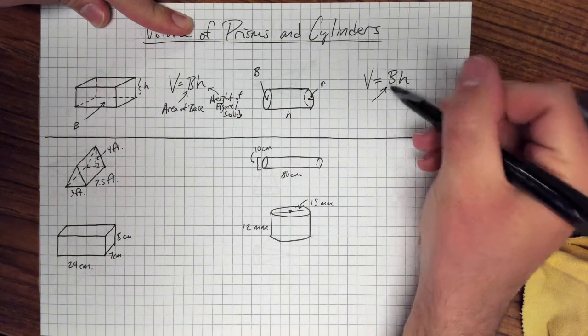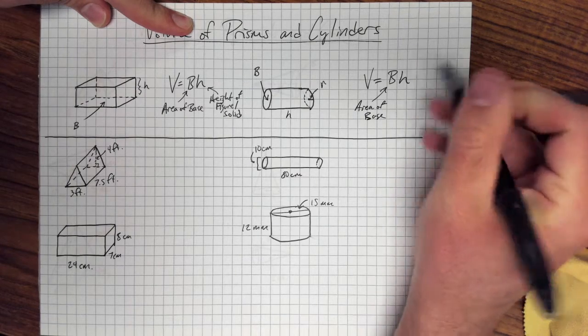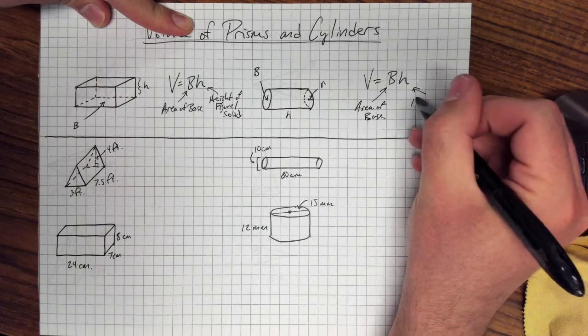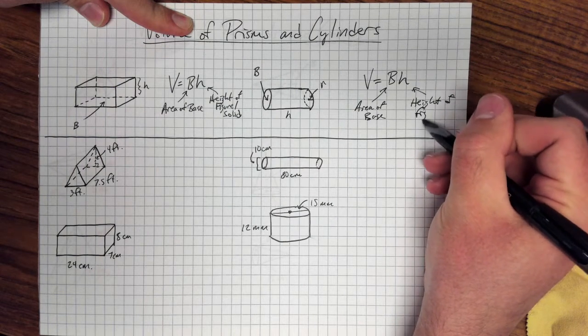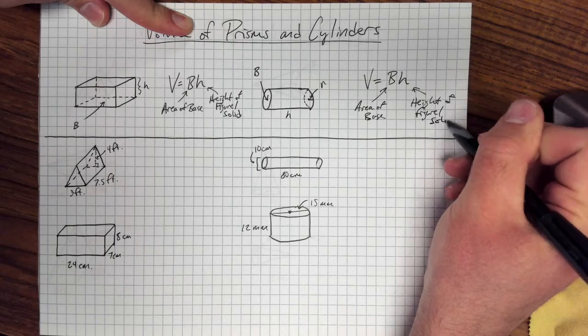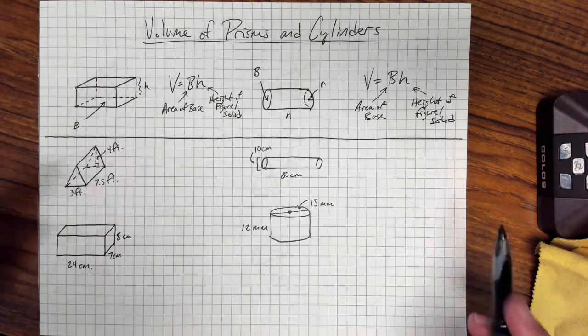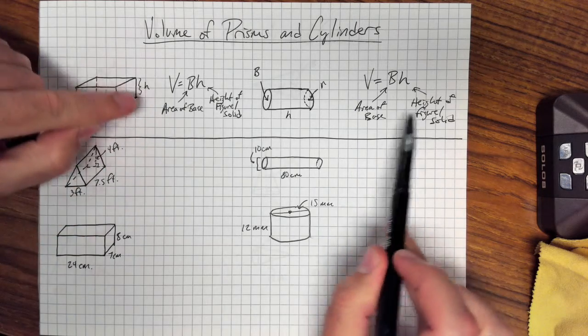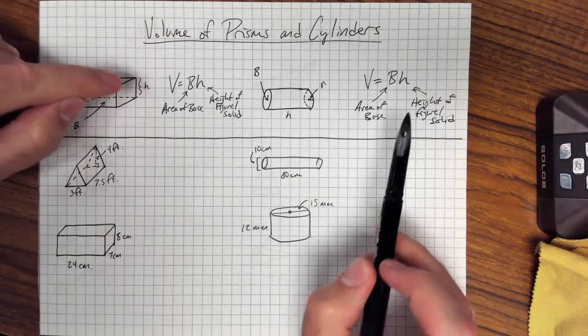And it's actually the same over here. So this is area of the base, and this H is height of the figure or the solid. Now, both formulas are the exact same. Therefore, you need to show me on the test that you know the difference.